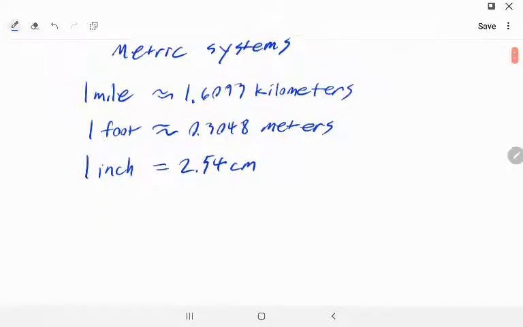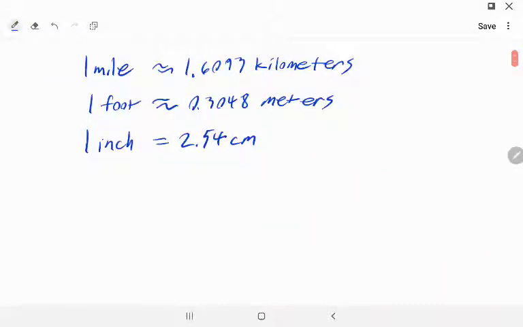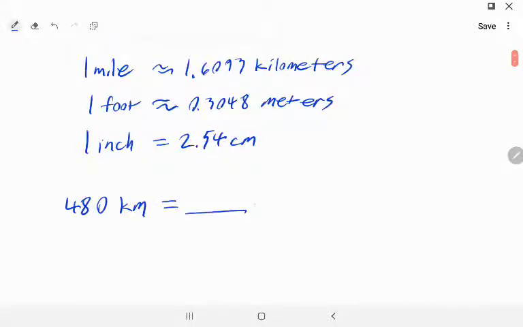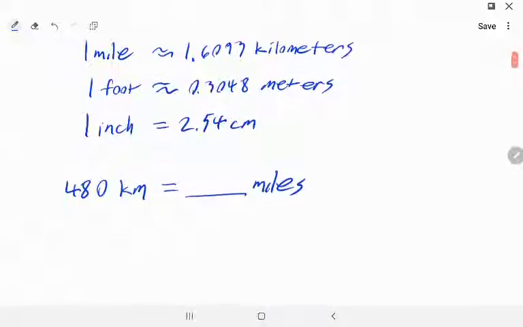And so again, if we want to take 480 kilometers and convert that into miles, we're going to look at that as 480 kilometers.